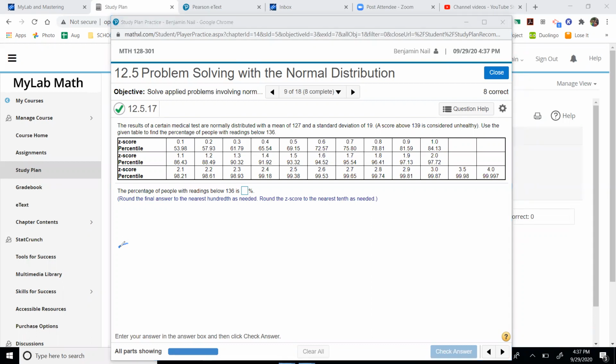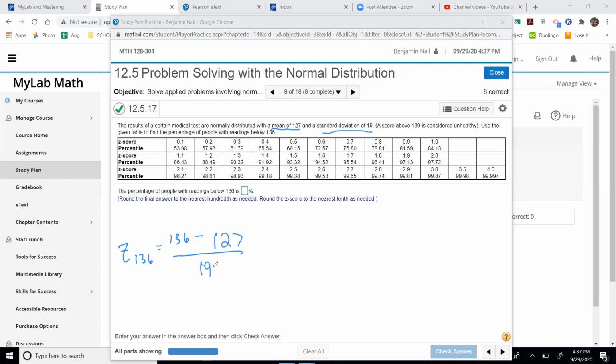You'll remember from last time, a z-score is found by taking your specific data item, subtracting the mean of the data, and then dividing that by our standard deviation.